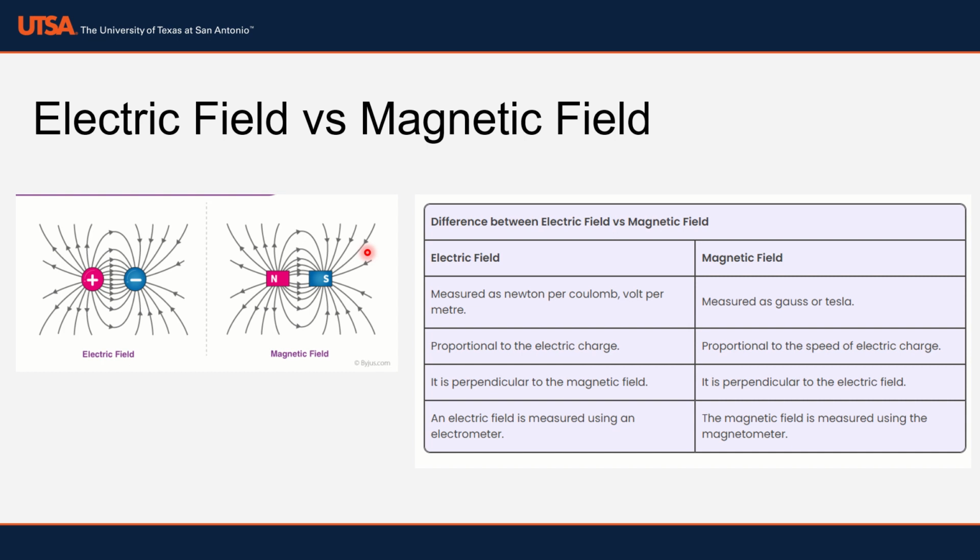There are differences between electric fields and magnetic fields. In our lab we're going to be looking at electric fields, but they're very similar, and as you advance into physics you're going to learn there are mathematical relationships between them. For introductory purposes, I just wanted to give examples so you could relate it to real life. But we're looking at electric fields, and they behave very similarly to a magnetic field.